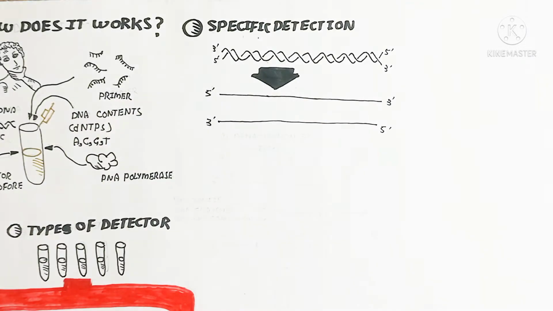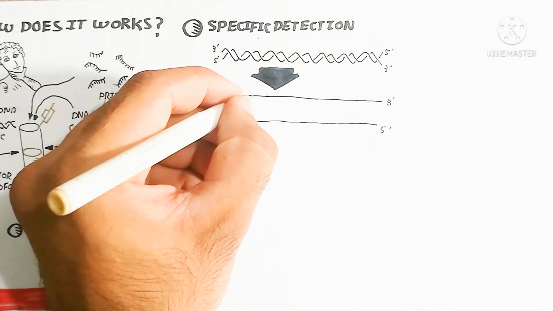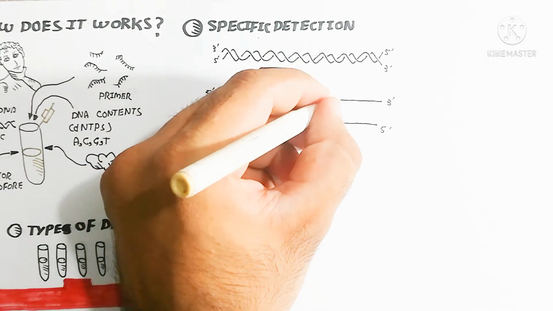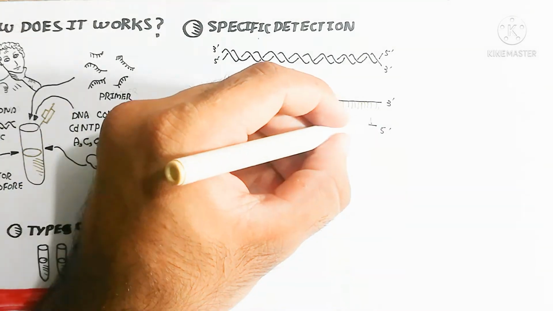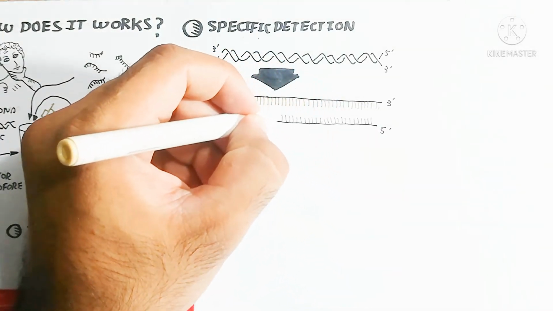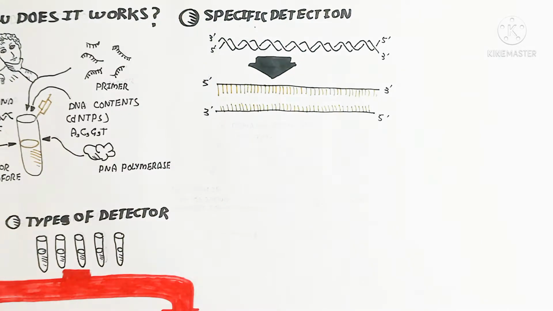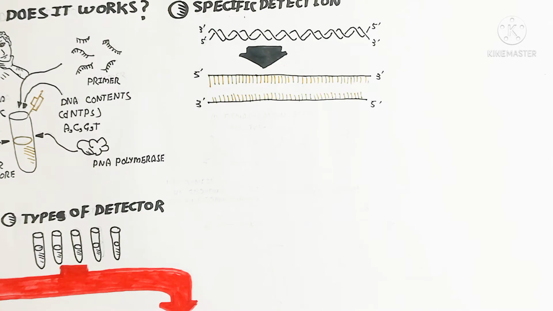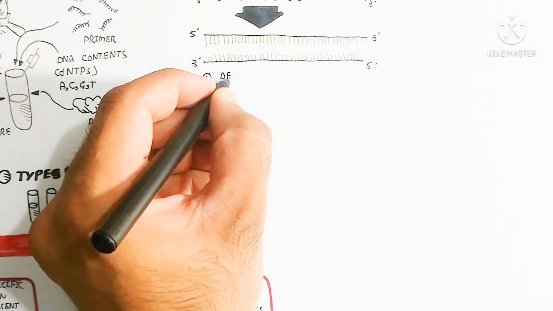For example, our primer of interest is added along with the quencher and fluorophore. When it binds the DNA, it emits color due to the detachment of the quencher from the fluorophore. So remember, that is specific detection.